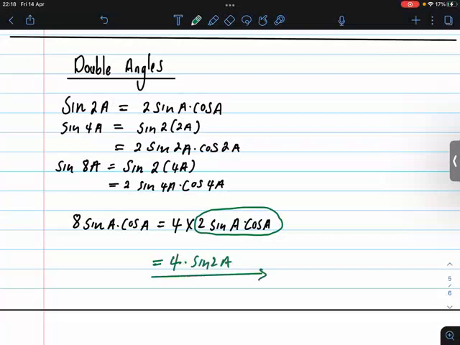Are you happy there, guys? Because we see an 8, sine 8 doesn't work like that.